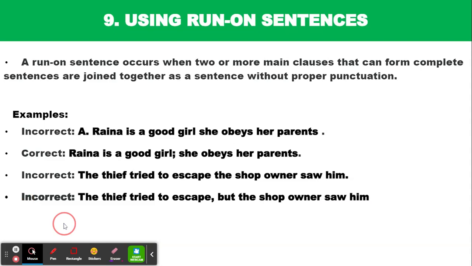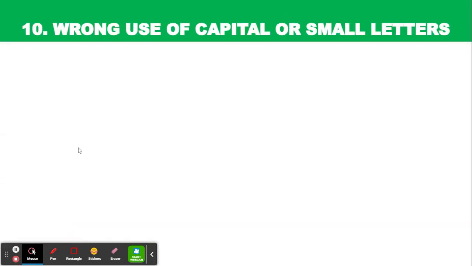So let's move on to number 10. Wrong use of capital or small letters. For example, "john wasn't at the seminar," and John is written with small letter j here. There are 2 grammatical reasons why John should begin with a capital letter J here.